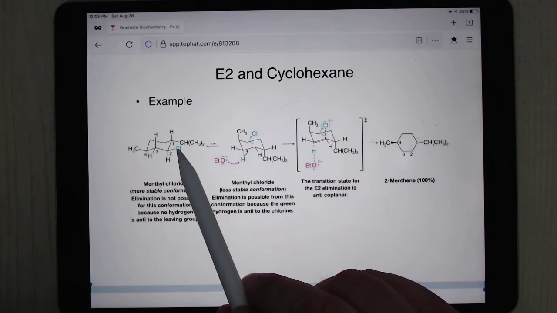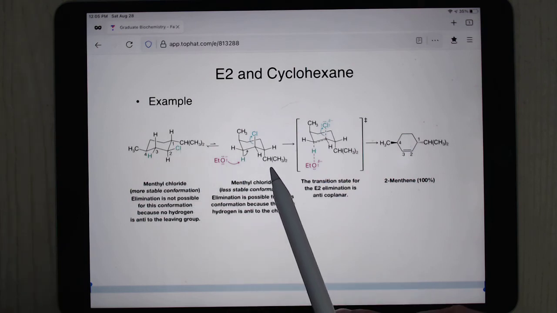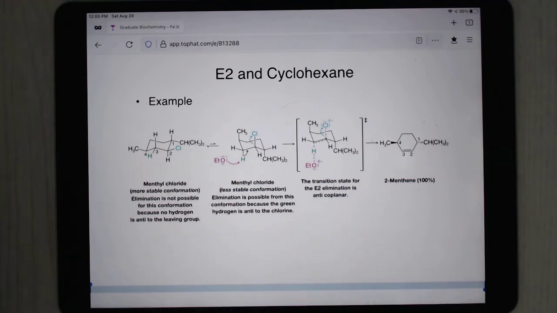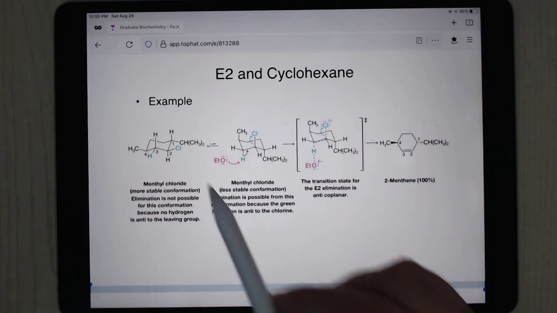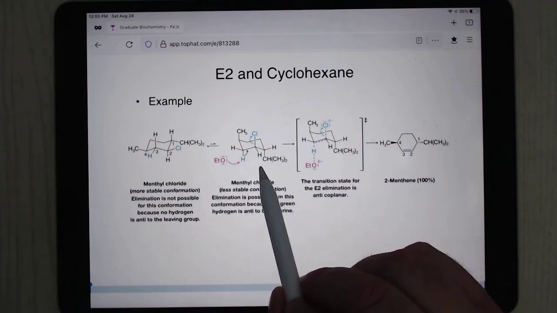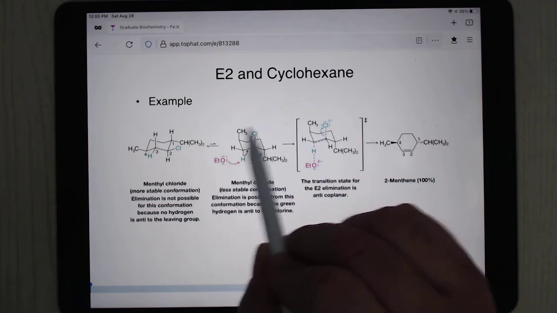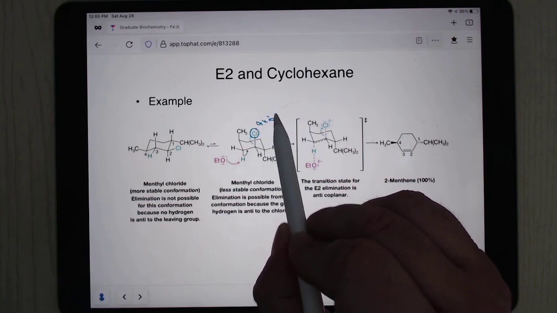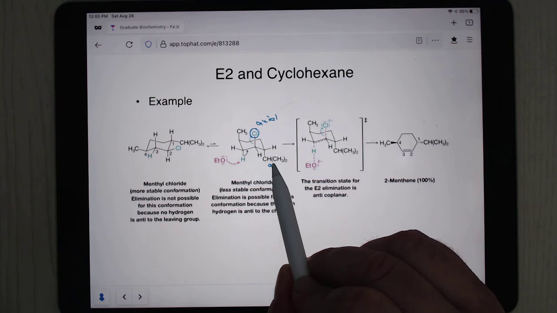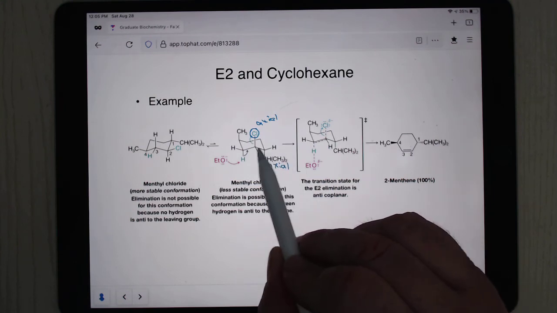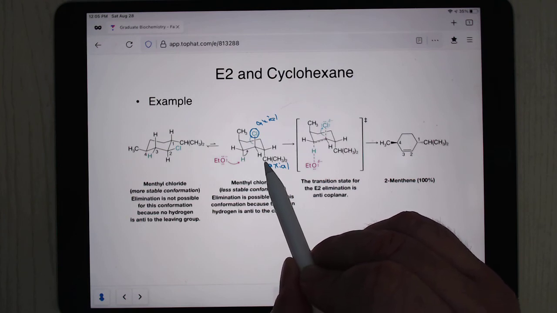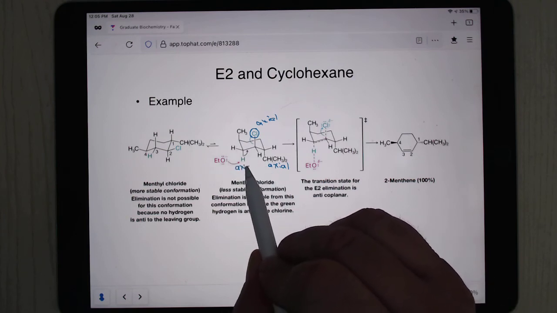So we need to come in and do a chair flip. When that happens, remember all the axials and equatorials flip, but the ups and downs don't. Okay, so this is equatorial, it gets flipped to the axial. But what's axial here? Well, this is axial now, right, because the carbon-carbon bonds are pointed down, so it's pointed straight down. Okay, and then this one's the axial here.